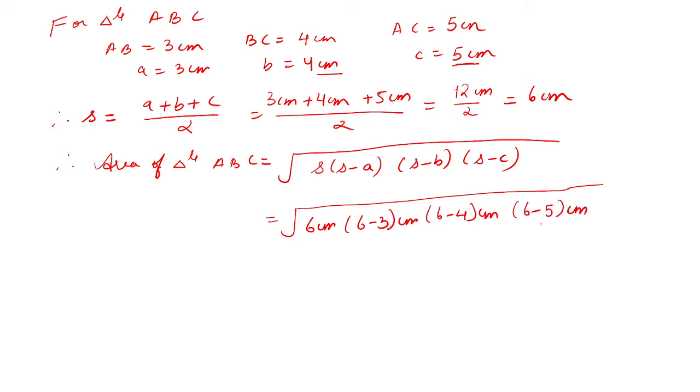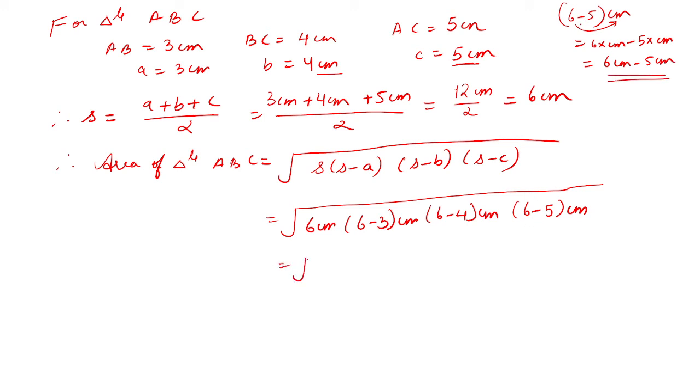Now I do not want you to get confused. 6 minus 5 centimeter. Open the bracket. We have to just multiply this 6 into centimeter minus 5 into centimeter, so I can get this as 6 centimeter minus 5 centimeter. I'm just writing 6 minus 5 instead of writing this, which makes our work easier.